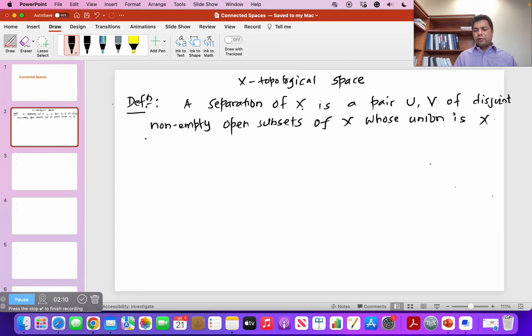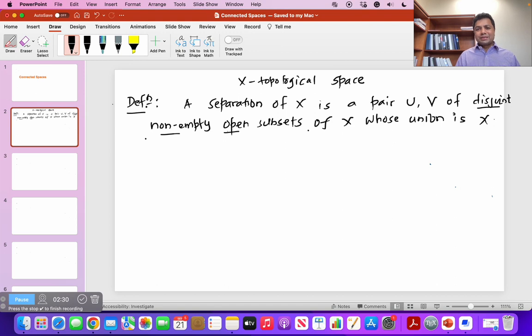A separation of a topological space X is a pair U, V of disjoint non-empty open subsets of X whose union is X itself.